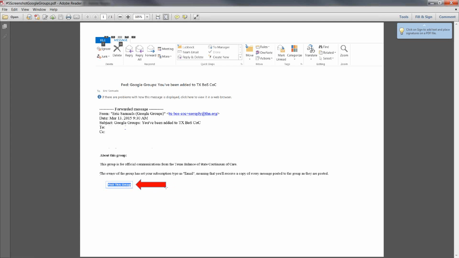As we would invite members to join the Google Groups, they would get this email. And if they clicked on visit this group, Google would try to get them to sign up for a Gmail account. This is something that would be a potential problem for our members. So after our internal testing, we decided not to roll it out.